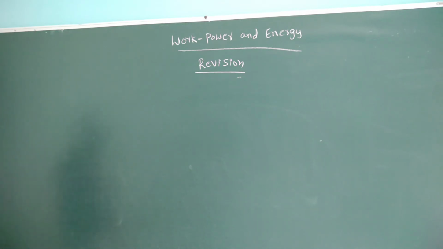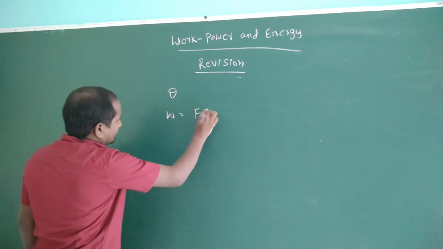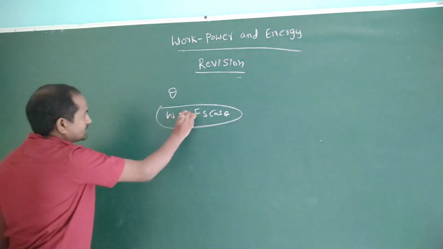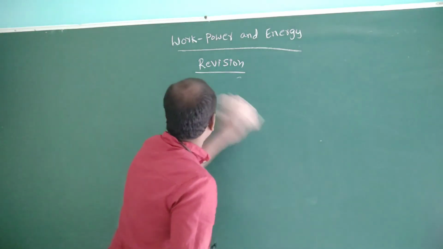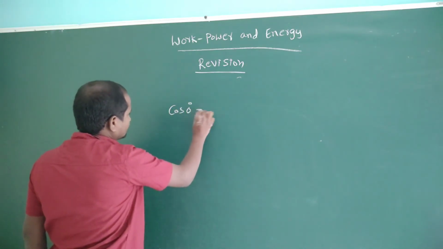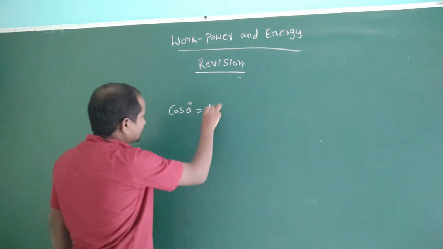If theta is given, then work done is equal to Fs cos theta. Cos 0 degrees is equal to 1.